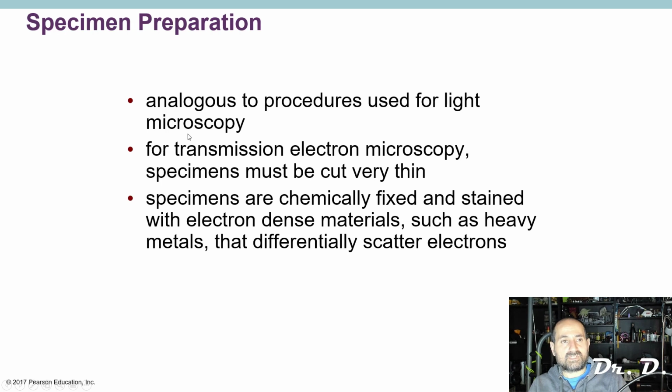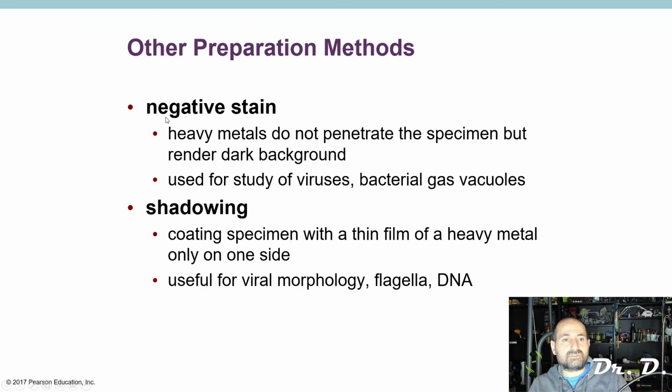And remember when I said for specimen preparation, you must cut very thin sections for TEM, for transmission electron microscopy. And then how do you stain for electron microscopy? Do you stain with dyes? Nope. Remember, you stain with dense metals, heavy metals. And you can still do cool tricks with the electron microscope.